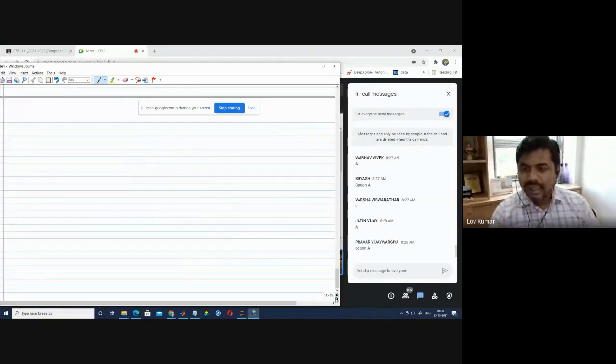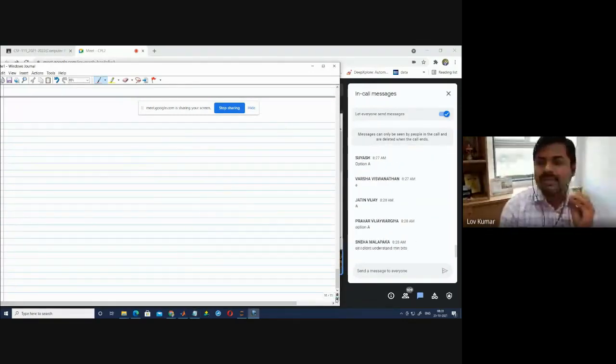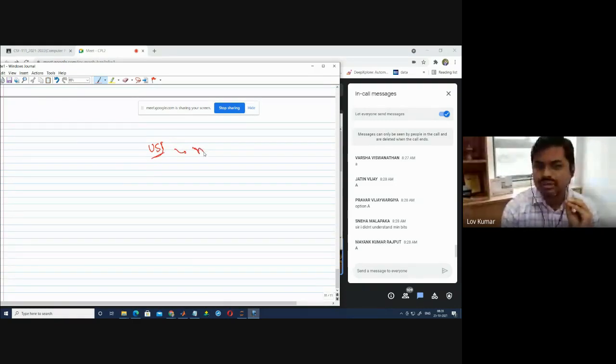Now you can see one student is asking about the minimum number of bits. We have already discussed this in the first class. If you are going for an unsigned integer, what is the range you can write using n bits? 0 to 2 to the power n minus 1.